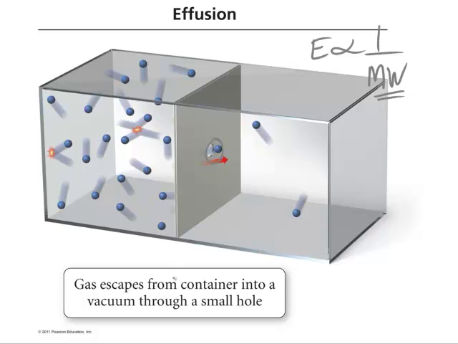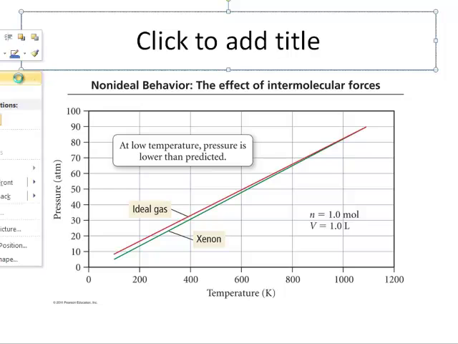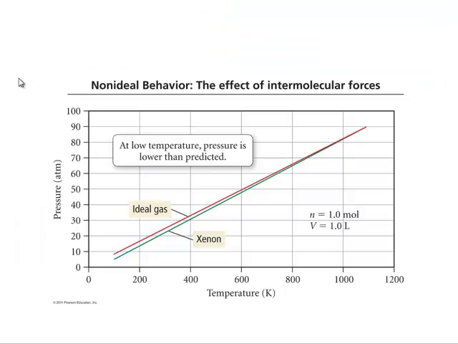Okay, so far all we've discussed is ideal gases, and so we've assumed a couple of things. We've assumed that the effect of intermolecular forces is small, and it turns out that that is the case at higher temperatures and higher pressures.